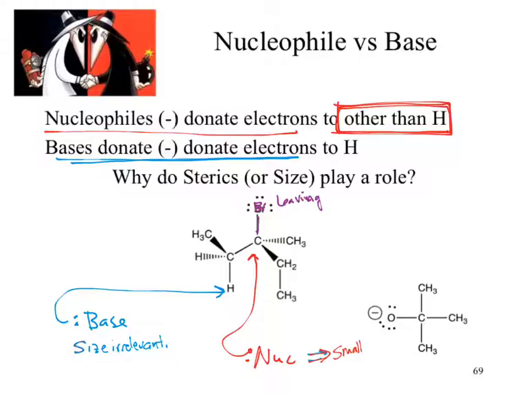Base says I want size irrelevant. So I don't quite understand, because you're saying it's large, that's why it's a base. Yes, you're getting at the same idea, but you're using the wrong approach to get to it. It's not that it's large, it's that it's not small.